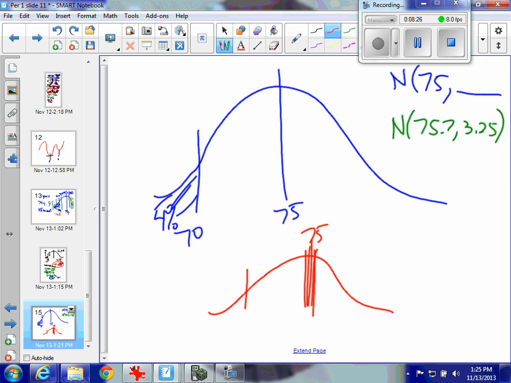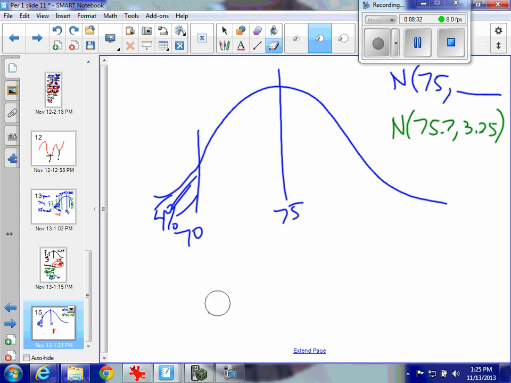All right. So let's figure out the number here. z equals y minus y bar over s. What data do I have? My y is 70, right?